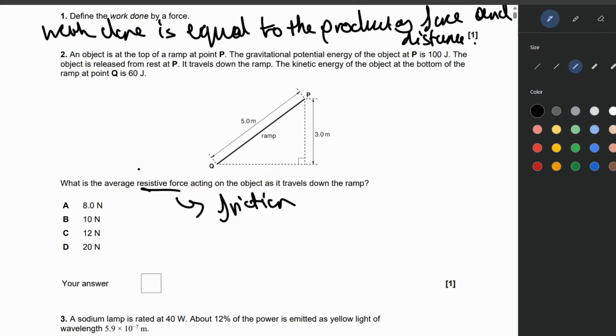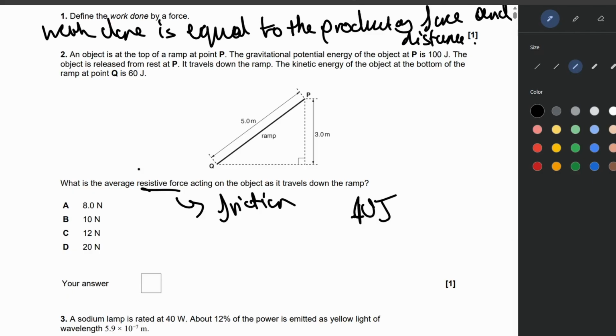Okay, so gravitational potential energy. We're not given anything else, so it loses 100 joules to 60 joules. That loses 40 joules. Oh, okay, so it loses 40 joules. If it loses 40 joules, that means 40 joules is the energy working against the resistive force.